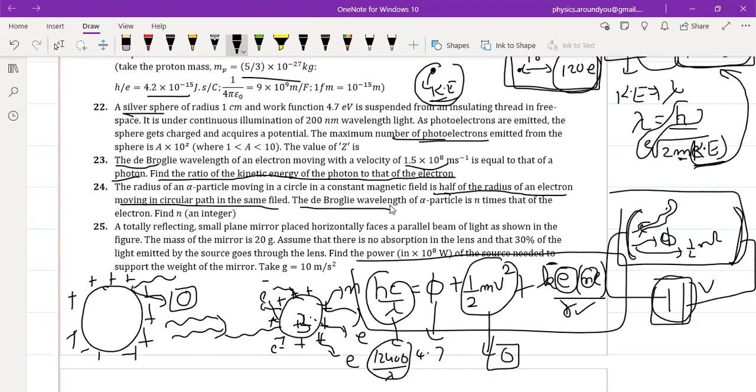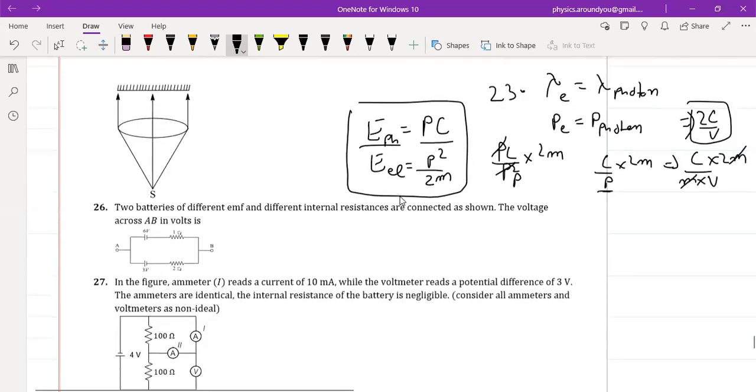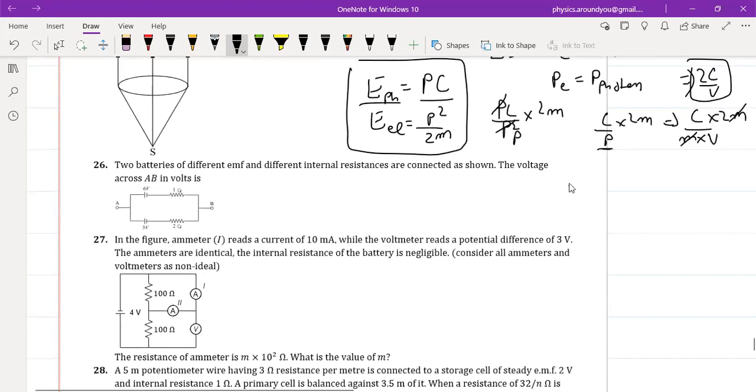Here we need to incorporate concepts from moving charges and magnetism also, which is R, the circular radius, R is equal to mv by qB or p by qB. This is a relation from moving charges and magnetism. Radius of a charge moving in a circular path is p by qB.